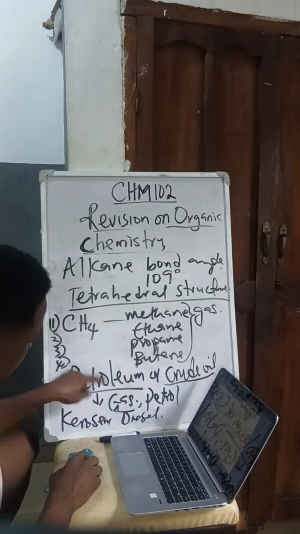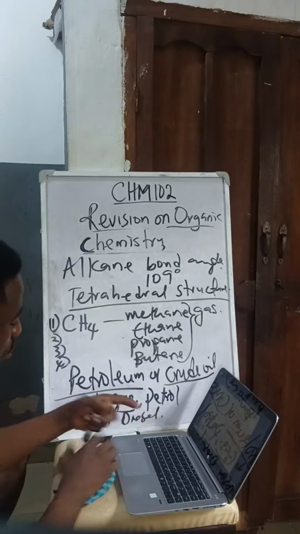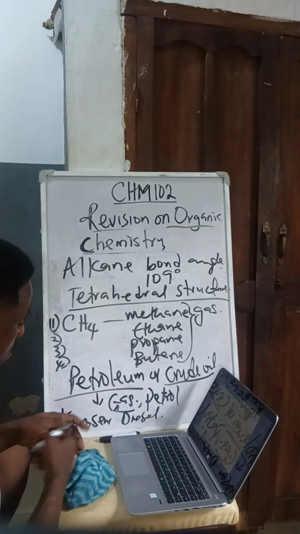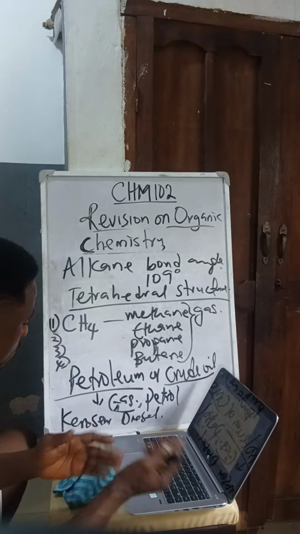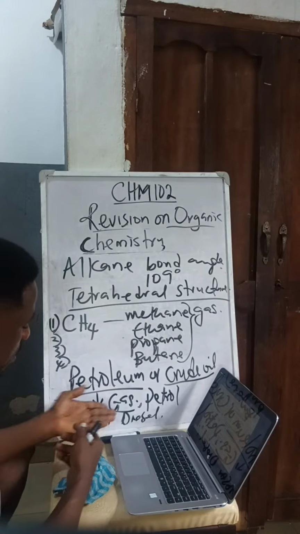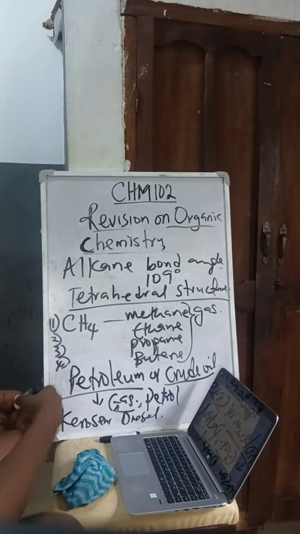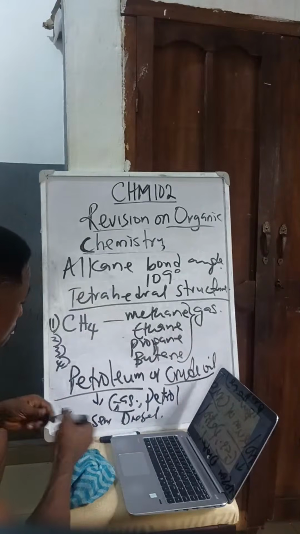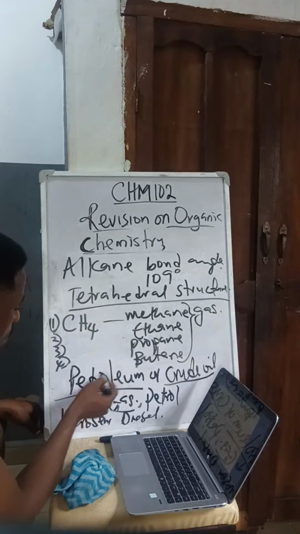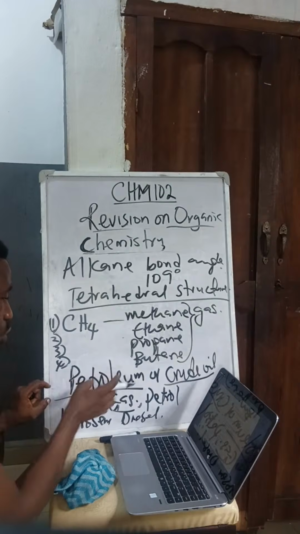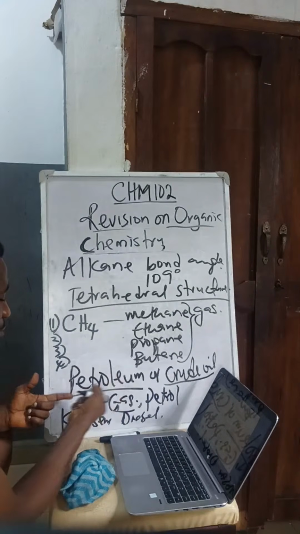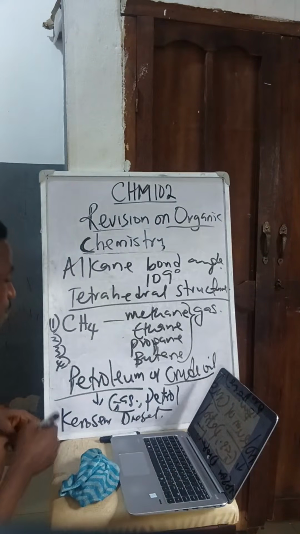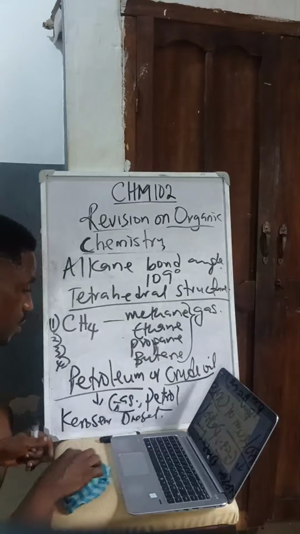Petrol is used as a normal fuel for automobiles. Gas is for cooking and heating. Kerosene is for heating. Diesel is also used as fuel. Petroleum is also called crude oil, and when we refine it, we get petrol. This is what we buy as fuel for our automobiles.